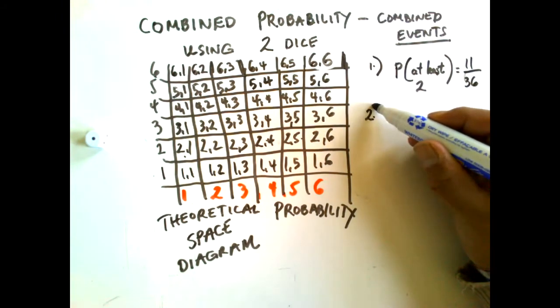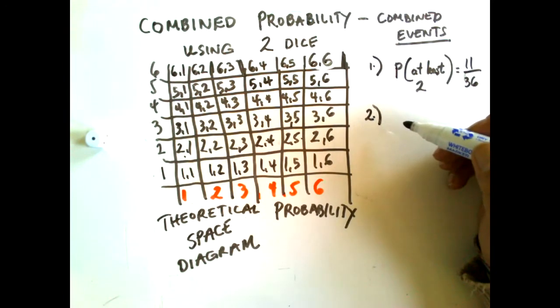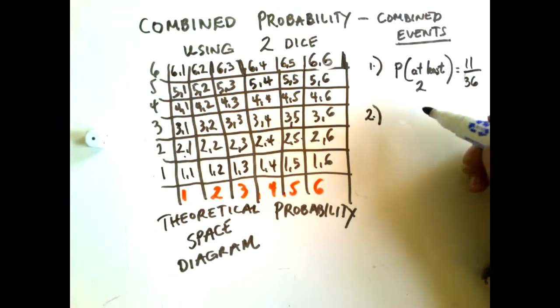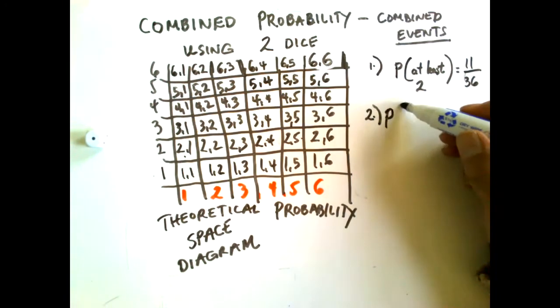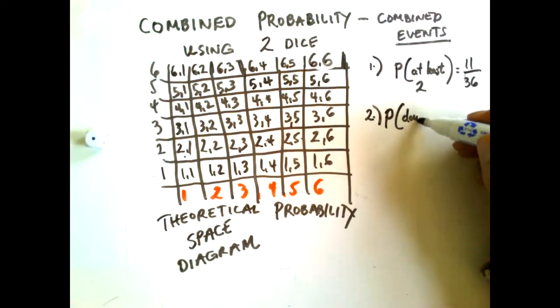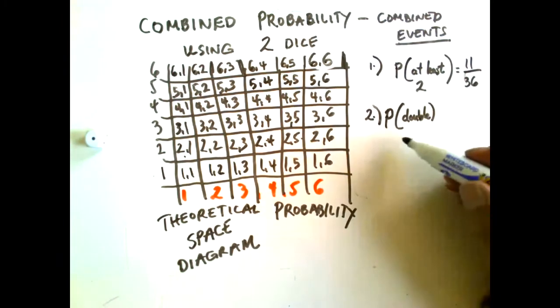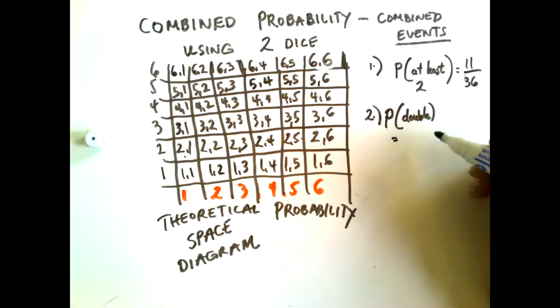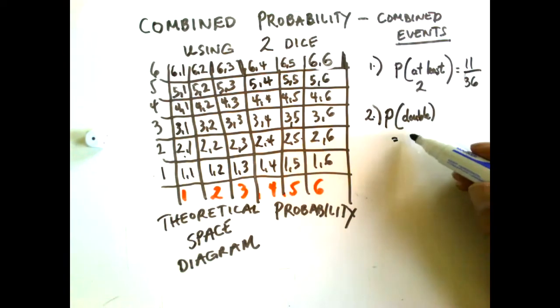Another question would be, what is the probability that there's a double? That means it's going to be a double two.